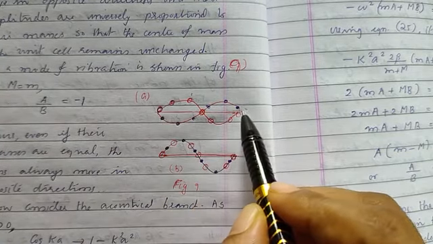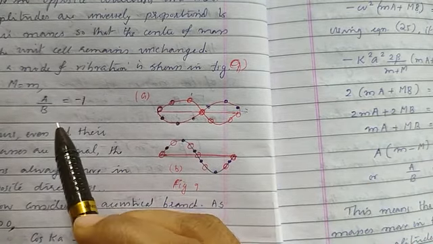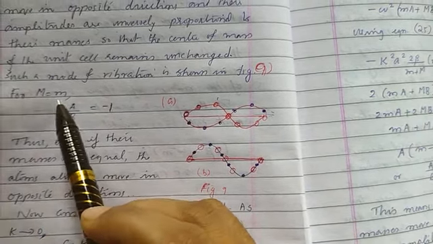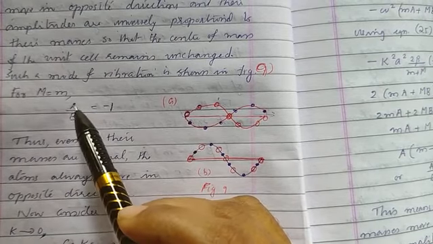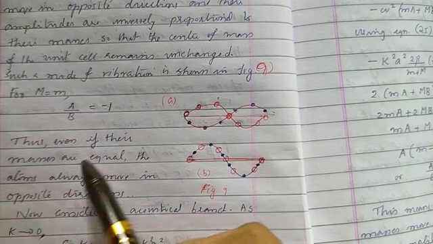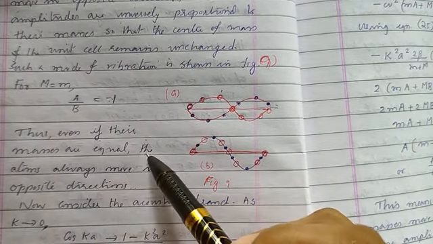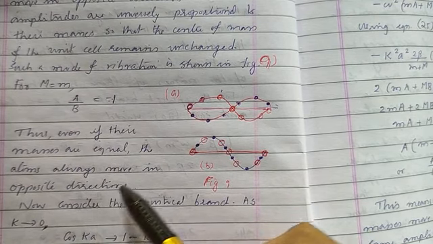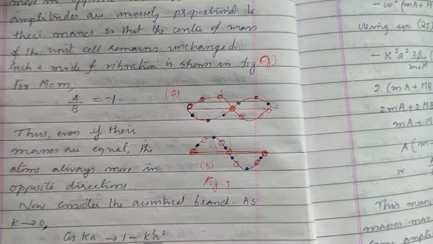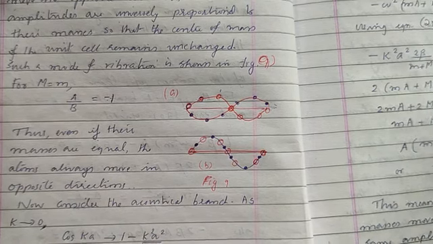So these may be the equilibrium positions, which will not change when they are vibrating. When capital M becomes small m, A by B is equal to minus 1, which means even if their masses are equal, the atoms always move in opposite directions.